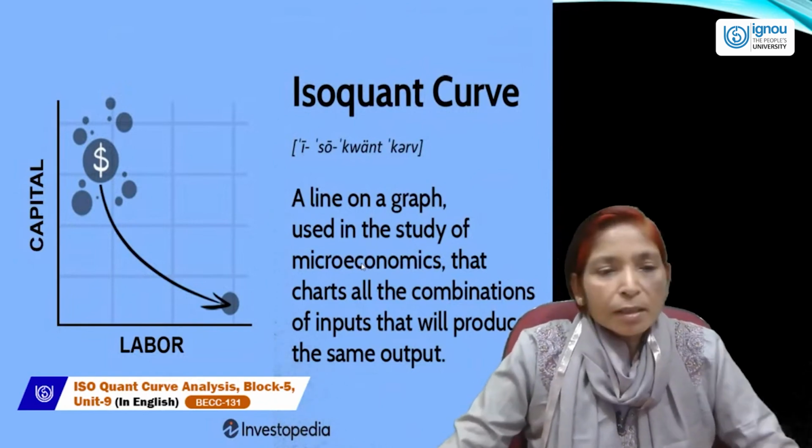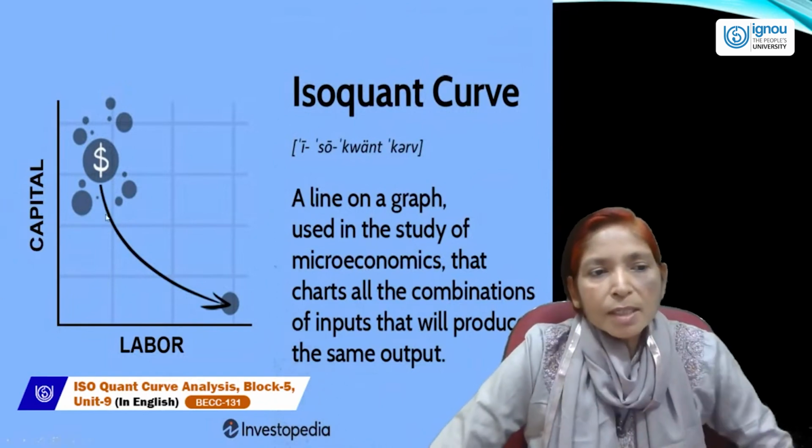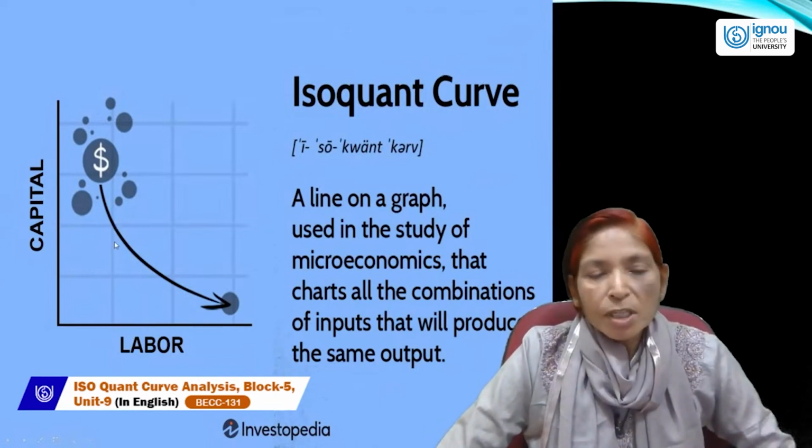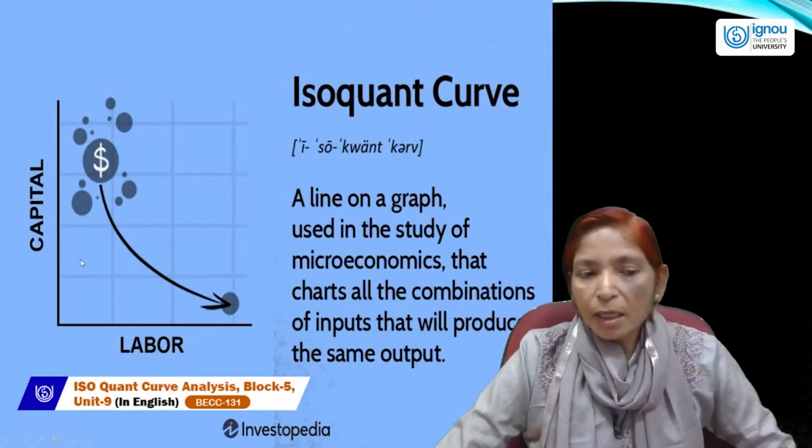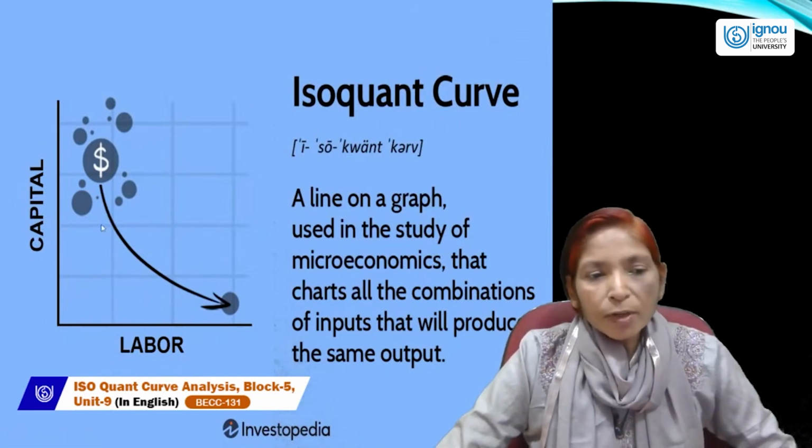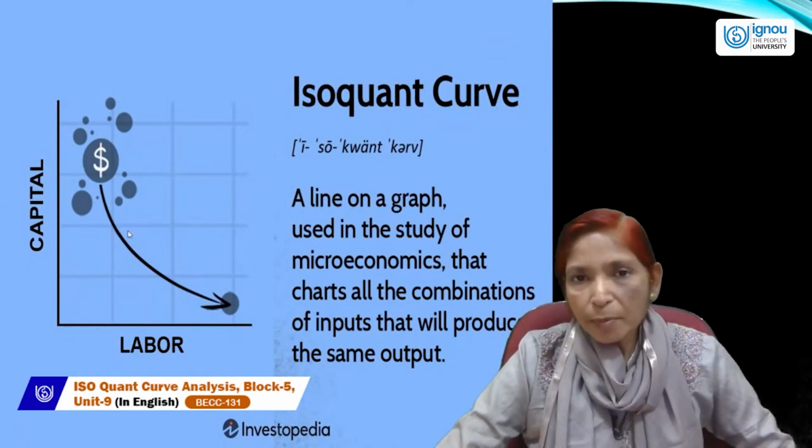So the iso-quant curve is a line or a graph which is always downward sloping, because on the x-axis we will always write labor. Labor is a variable factor and capital is a fixed factor, but in the long run we can easily change all the factors of production. So if we increase the units of labor, then we will decrease the units of capital.